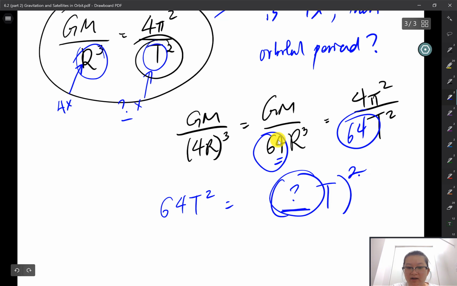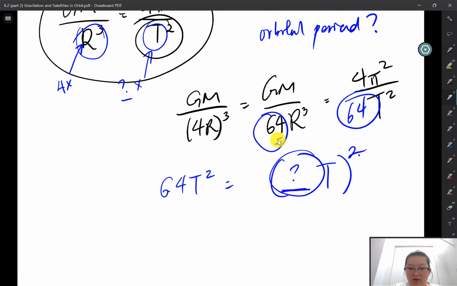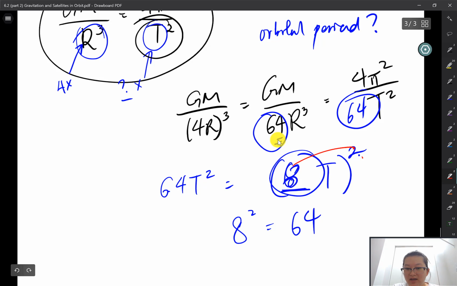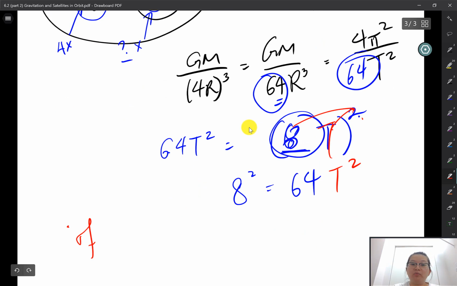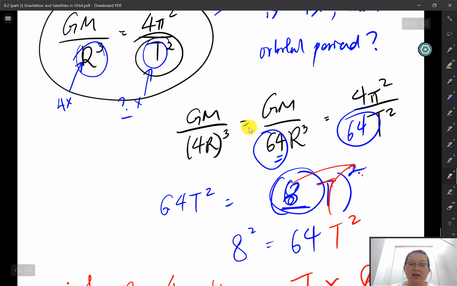So what squared gives me 64? If you're thinking 8, you are correct. 8 squared gives me 64, and then this gives me T squared. So the only way, if my orbital radius is multiplied by 4, is that my orbital period has to be multiplied by 8, based off of this proportionality factor here.